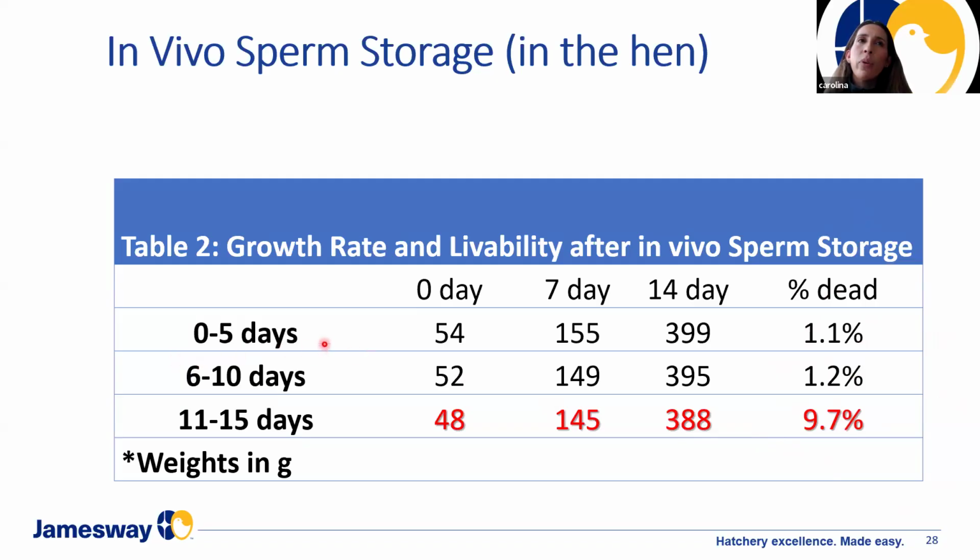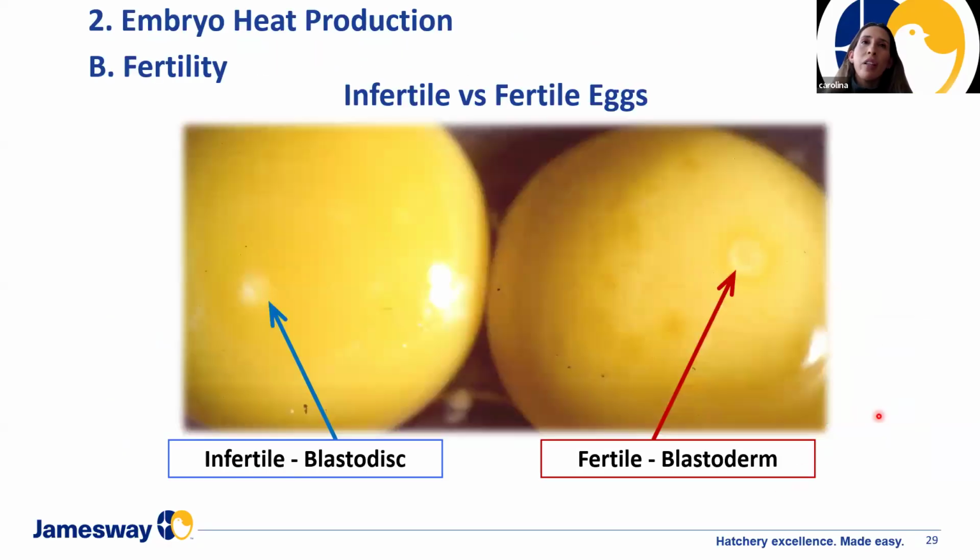As you can see, with really fresh sperm in storage in the hen, we may have far less mortality compared to sperm that was stored for 11 to 15 days. So it does influence and have an impact also in the field. It is very important to know how to identify an infertile egg versus a fertile egg, to document this information, and of course analyze it.